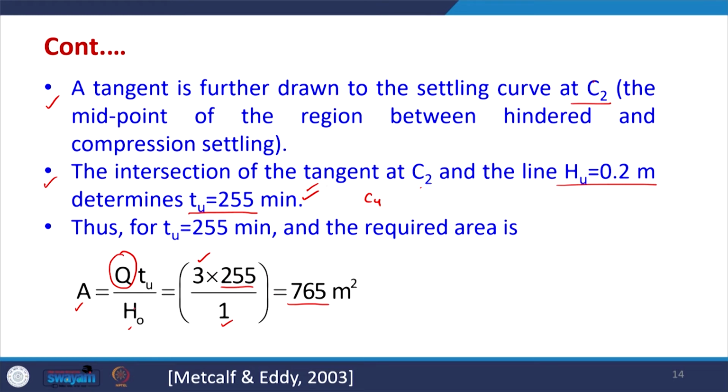So, we have only 2 points based upon which this area can be calculated. The area is a function of the Cu value as well as the Q value, and these are the only 2 design parameters we can vary, because the settling curve will always be the same for this water which has some concentration, and it also depends upon the type of solid, which is fluffy, higher dense, low dense, all those things.